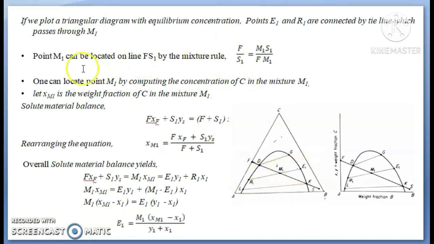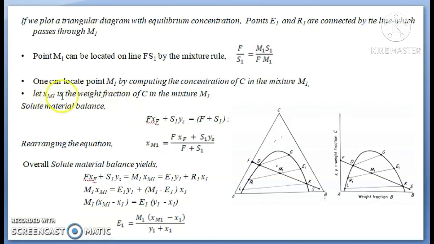If we can find the composition at point M, we can locate the point M1 using the mixture rule, as S1 upon F is equal to the length of FM1 over M1S1. So one can locate the point M1 by computing the concentration of C in the mixture M1. We can also determine the value of XM1, the composition, by making the solute material balance.